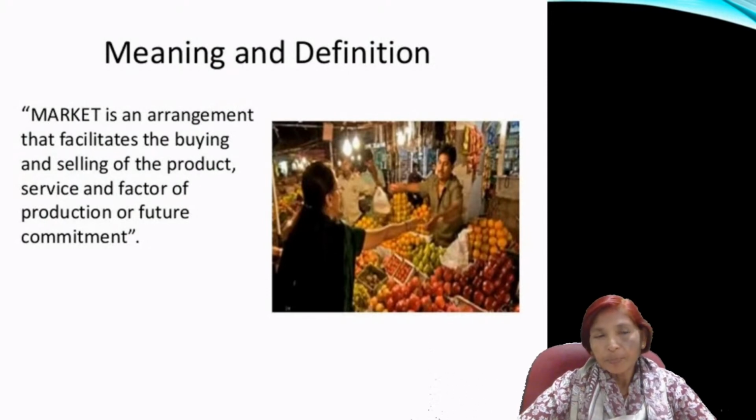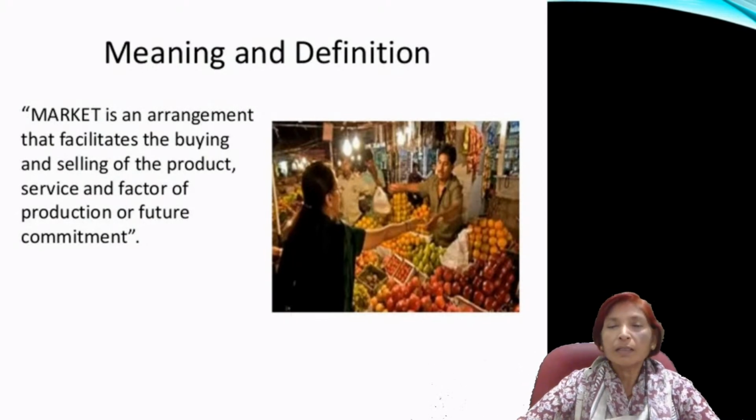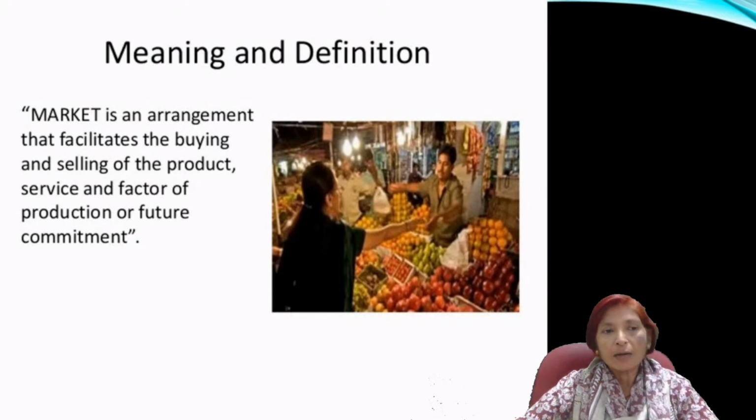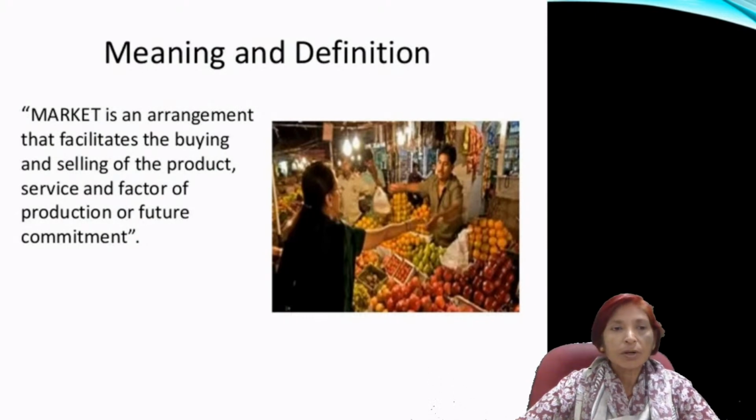Now, next is meaning and definition. What is a market? A market is an arrangement that facilitates the buying and selling of products, services, and factors of production or future commitment. A market is a place where buyers and sellers meet together to buy and sell their products, and it also facilitates the buying and selling of goods or services, or any other factors of production like land, labor, capital, entrepreneur.